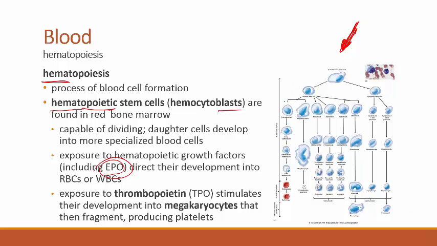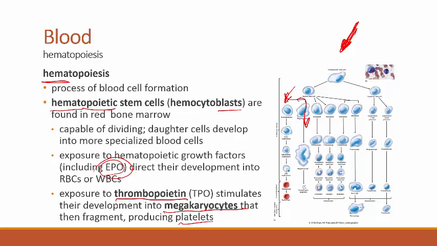With erythropoietin, the daughter cells are sent down this pathway, but with other growth factors around, they could be sent into these other pathways as well. So, for instance, thrombopoietin, TPO, will stimulate the development to go down this pathway right here, producing a megakaryocyte, which is the cell that produces platelets.